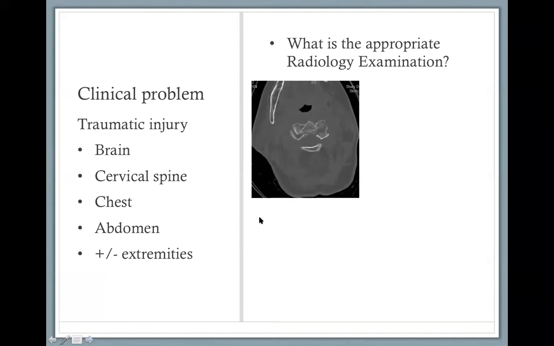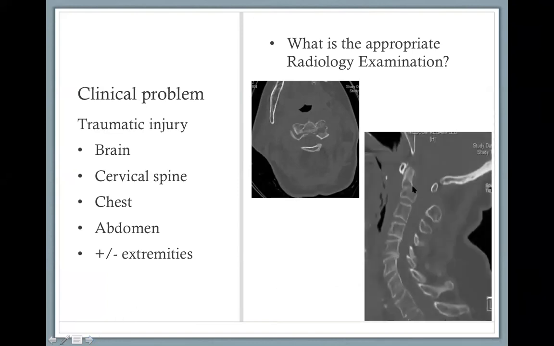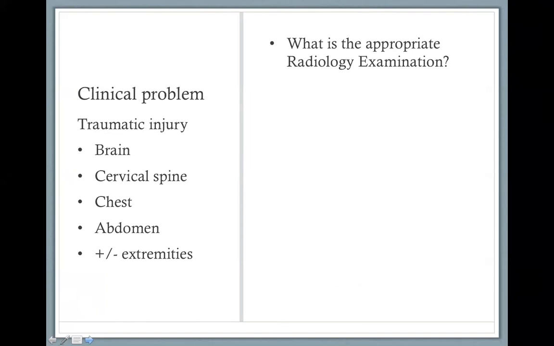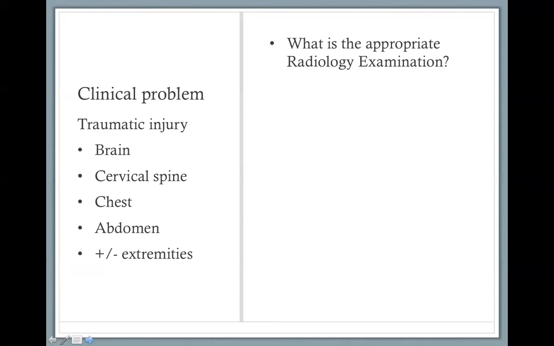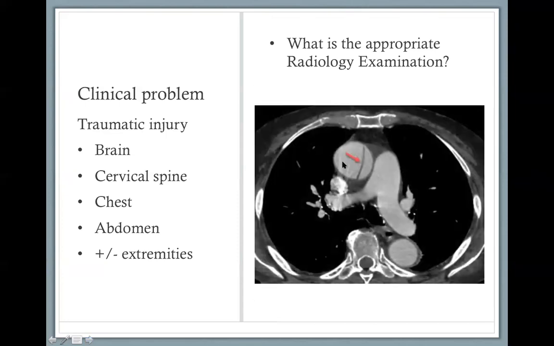The patient also had a fracture in the C-spine. I've shown you an example. This one is a C2 fracture, and the one that I showed you before was at a lower level. Unfortunately, he also has a pneumothorax. It can be easily seen on chest X-ray, but sometimes requires more imaging with CT. Well, this is obviously not the same patient.